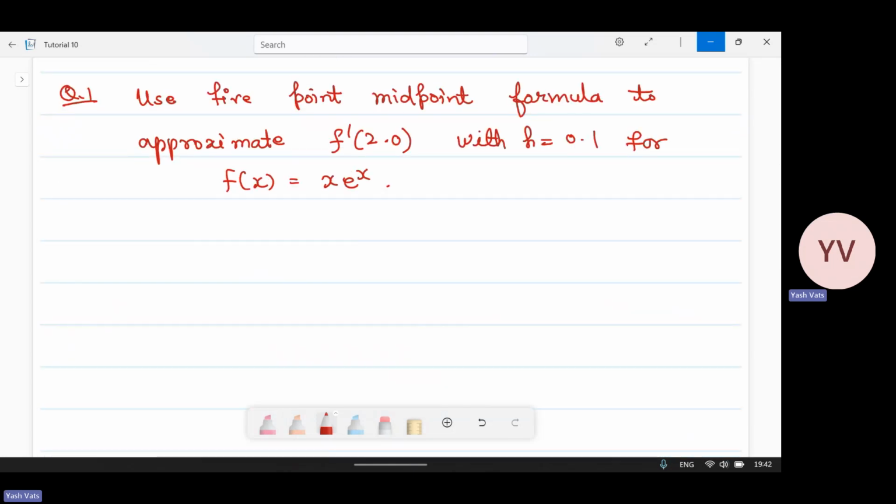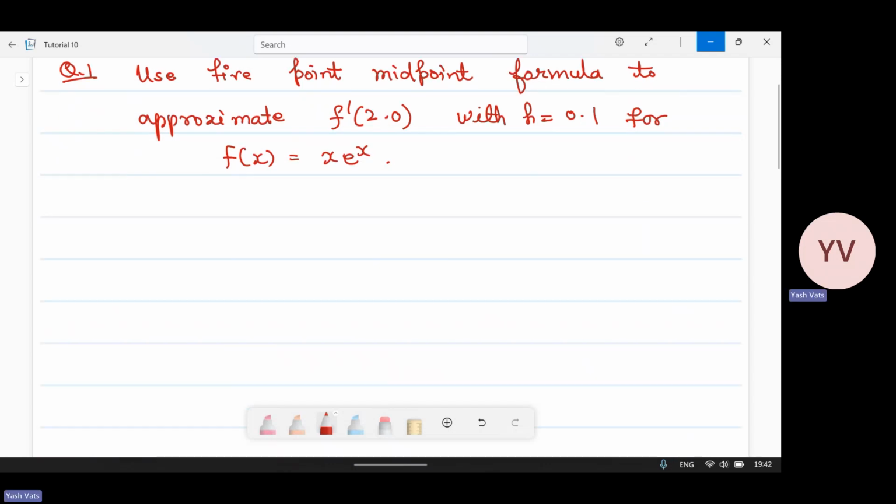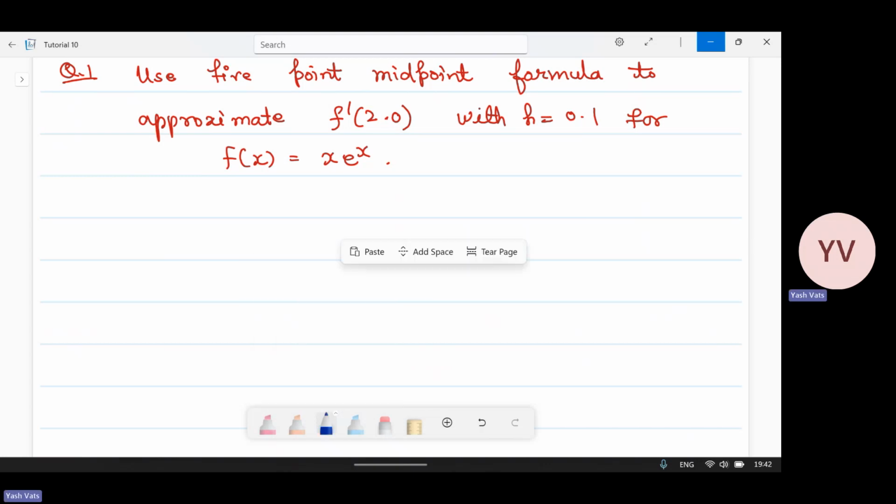So what do you mean by 5-point midpoint formula? What you need to understand is that by 5-point midpoint formula, we understand that it should have values over the grid points.